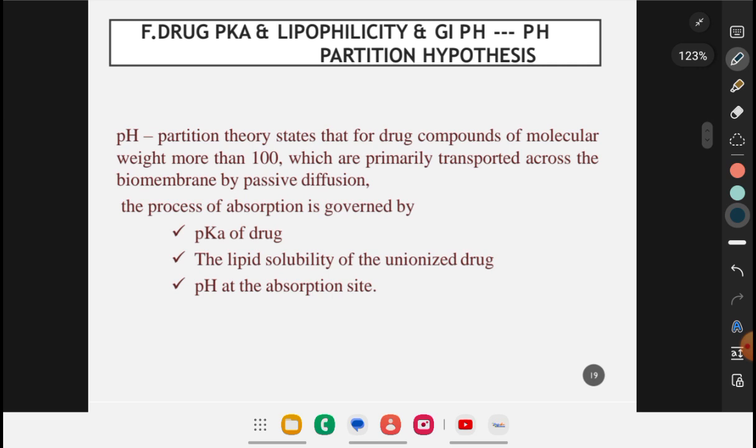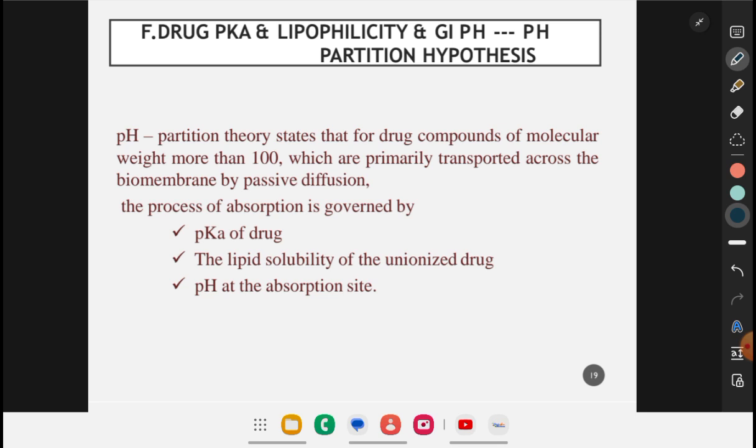Then coming to drug PK and lipophilicity and GI pH partition. The pH partition theory states that drug compounds with molecular weight more than 100 are primarily transported across the biomembrane by passive diffusion.